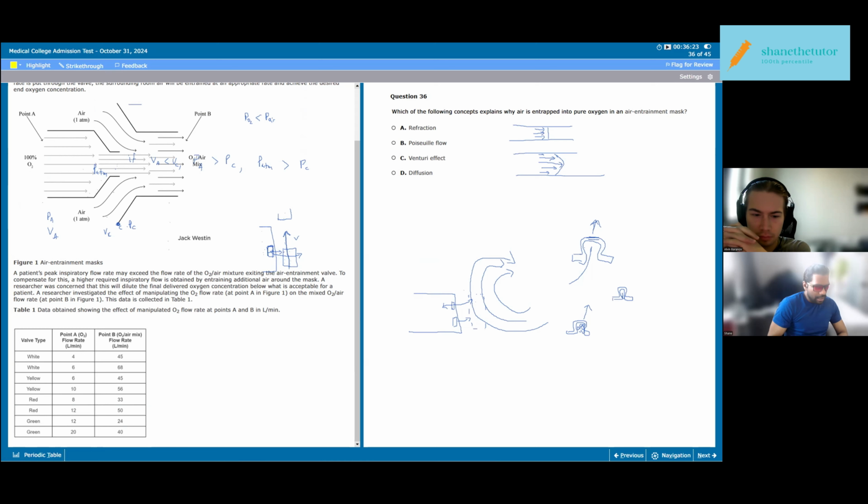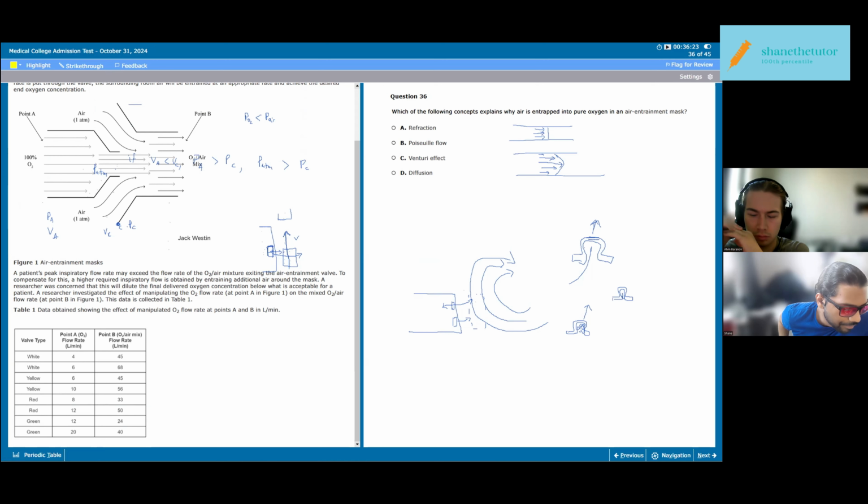So let's see. Flow rate at A is in liters per minute. And for B, it's 45. And when it's 6, it's 68. Okay, and then if it's yellow, it's 45, blah, blah, blah.